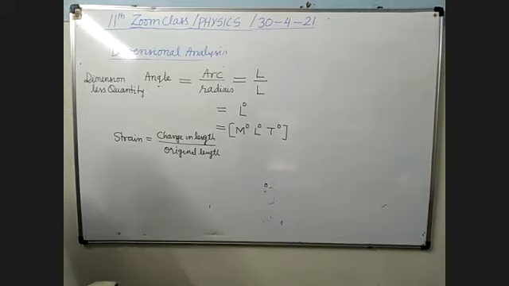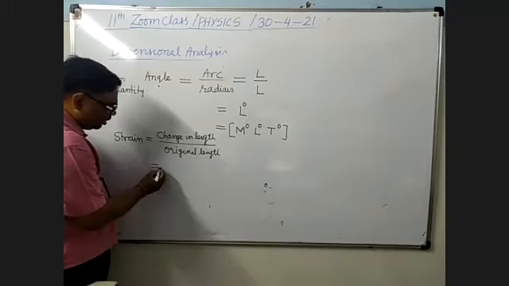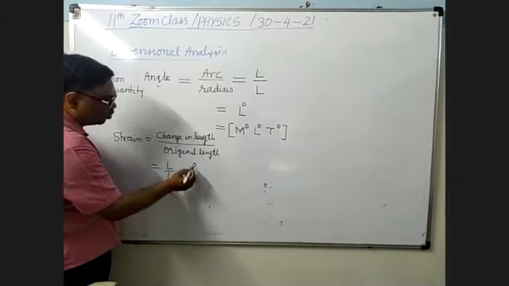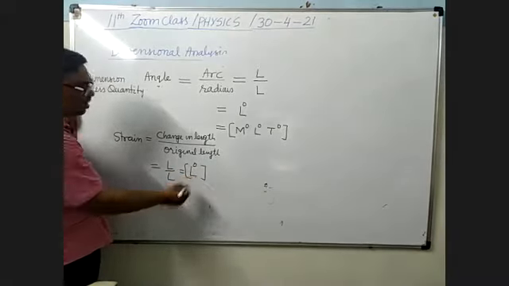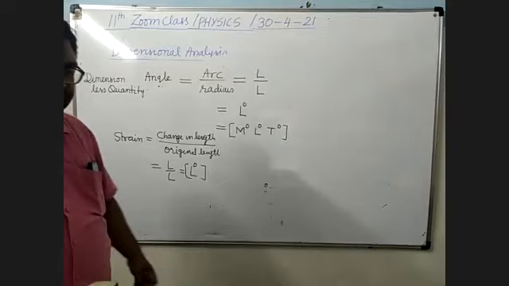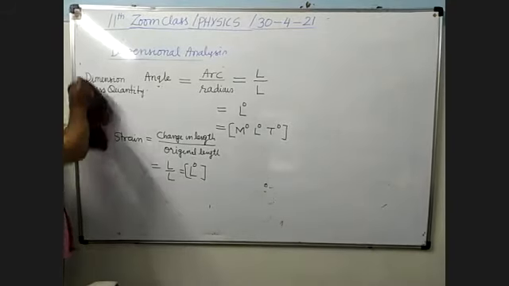So see here, change in length upon original length. So change in length, it is meter, that is L, upon L means L⁰. Means it is a dimensionless quantity. It is clear?